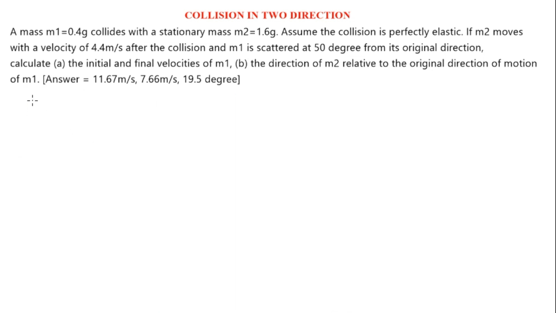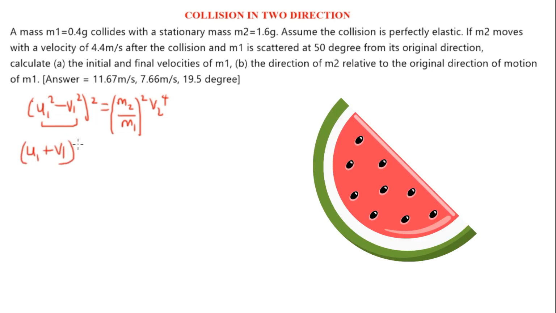So we have this from the last screen: (u1 squared minus v1 squared) all squared is equal to (m2 upon m1) squared, then v2 raised to power 4. Now note that this is a difference of two squares, and if it's a difference of two squares, I can say that (u1 plus v1) then (u1 minus v1), then all squared.